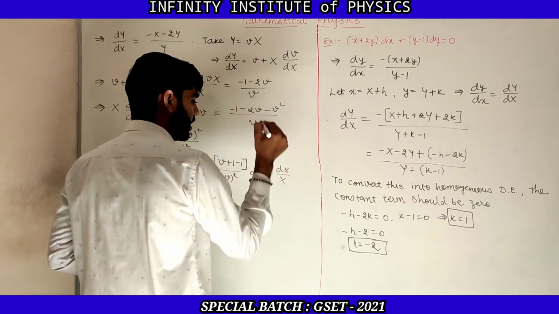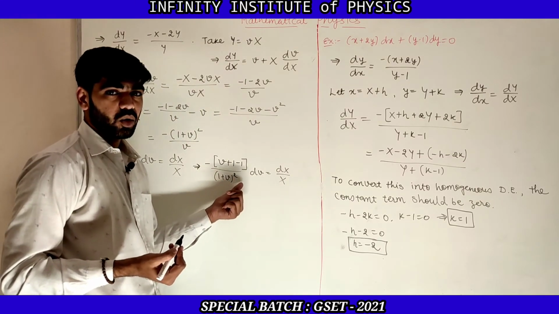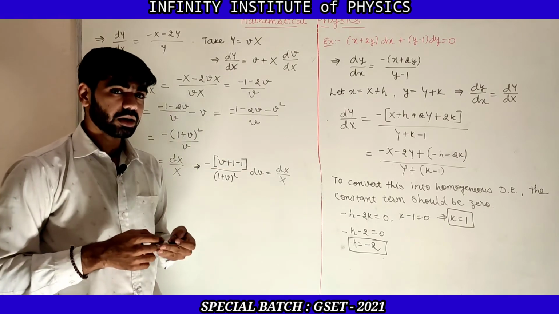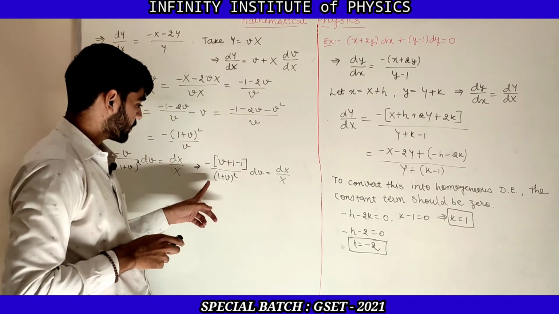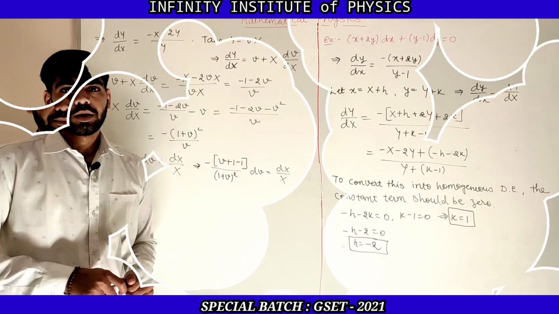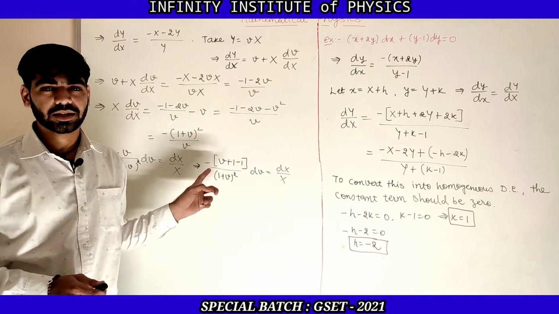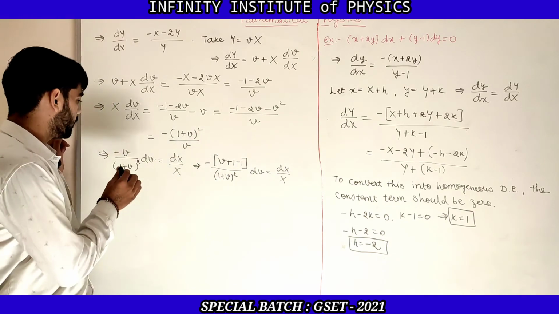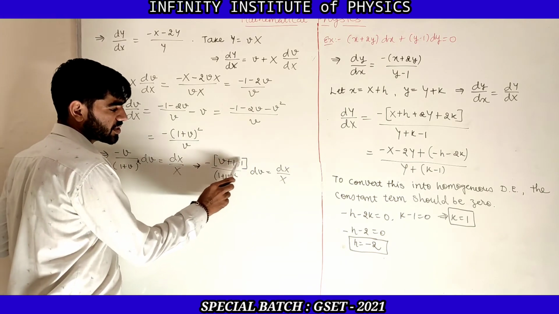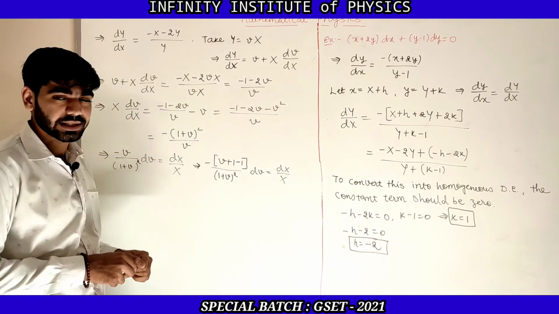And now give that 1 plus v whole square to that particular term, that is v plus 1 minus 1 upon 1 plus v whole square. So we have just adjusted the term in the numerator, as in place of v we have written v plus 1 minus 1 upon 1 plus v whole square dv is equal to dx by x.